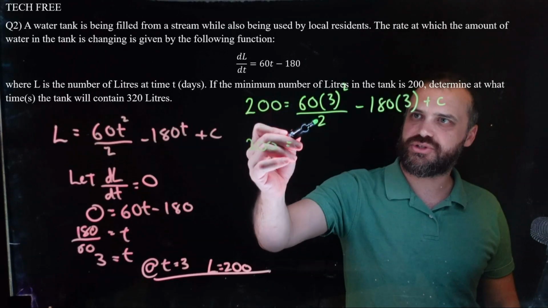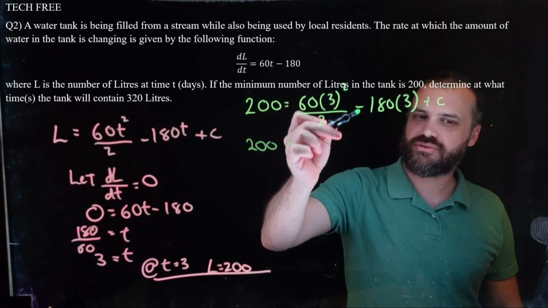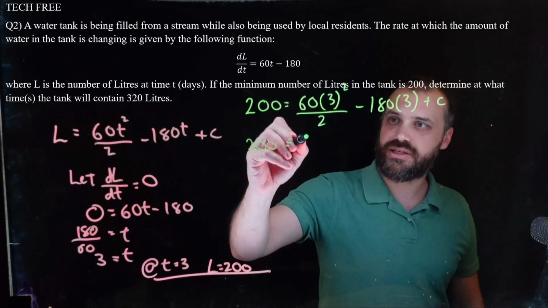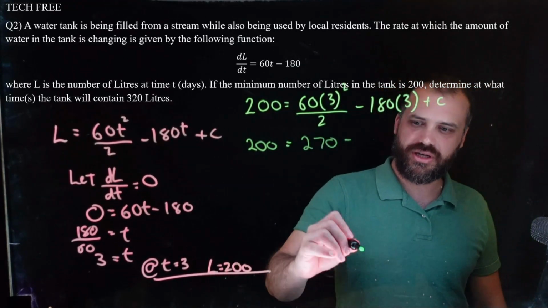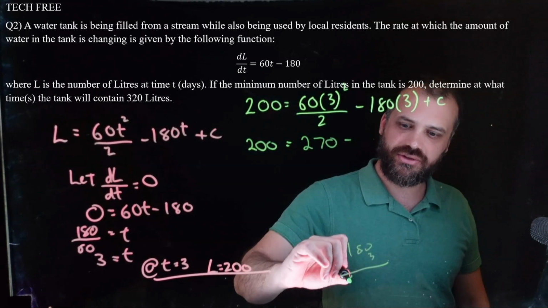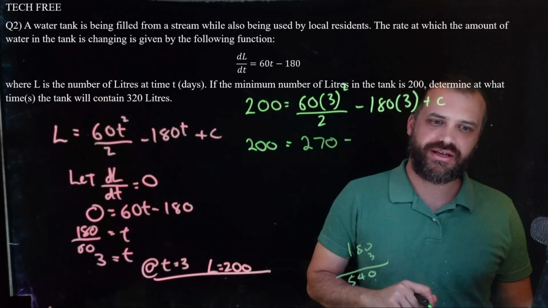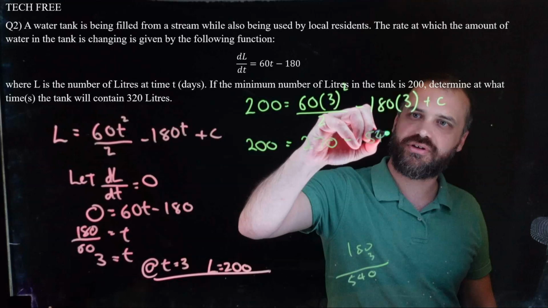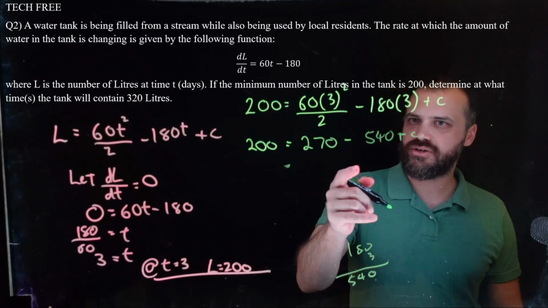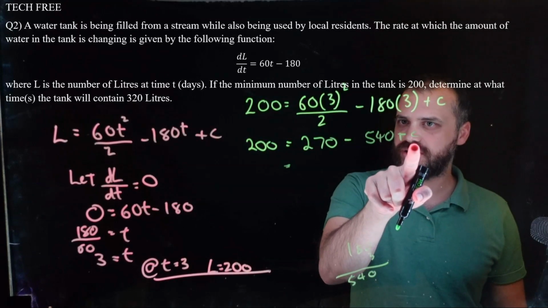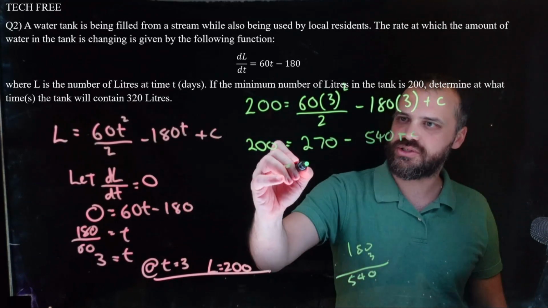Numbers are a little bit big for tech-free, but I think we can handle it. 60 divided by 2 is 30. 30 times 3 squared, 30 times 9, is 270. 180 times 3 is 540. So 270 minus 540 plus C. Okay, so to figure out our C value, we move everything over to one side.